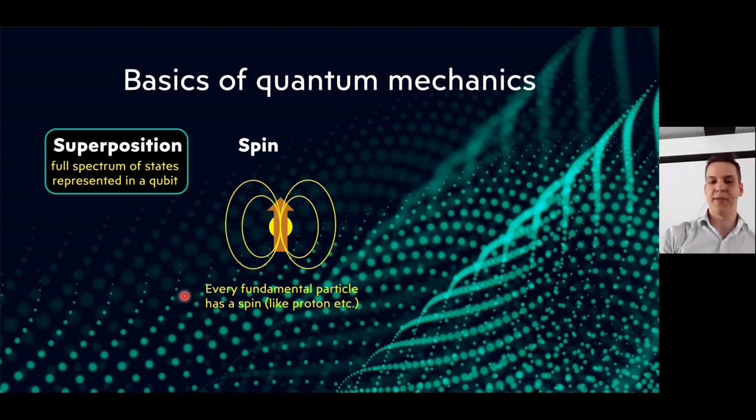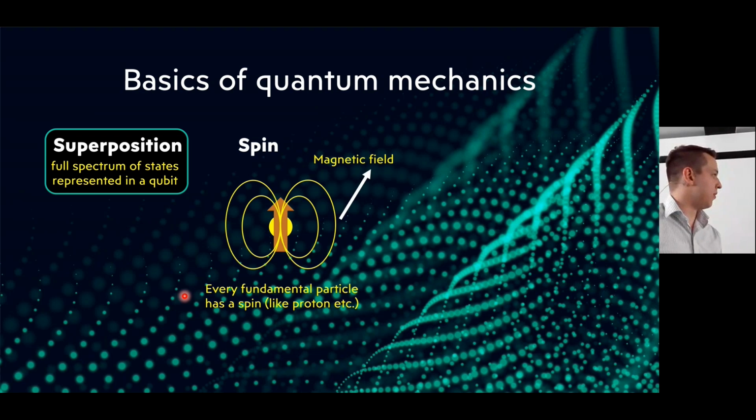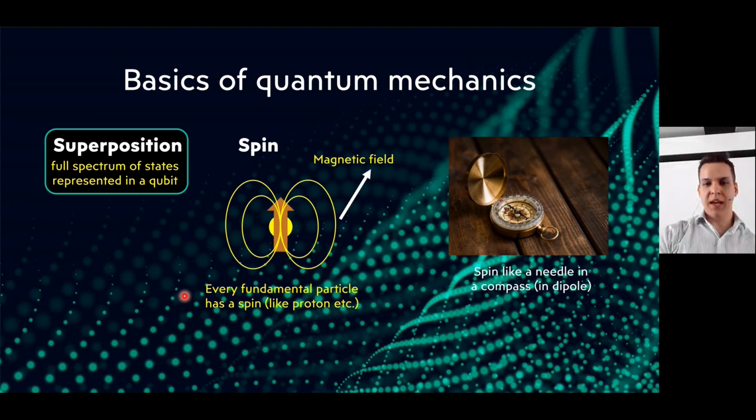Now it's going the other side. And this is the magnetic field that's produced by the spin. And as I said, it's like a needle in a compass. So you can imagine, from the physics lessons, that this is like a dipole. So it has plus and minus, and that's giving a magnetic field.